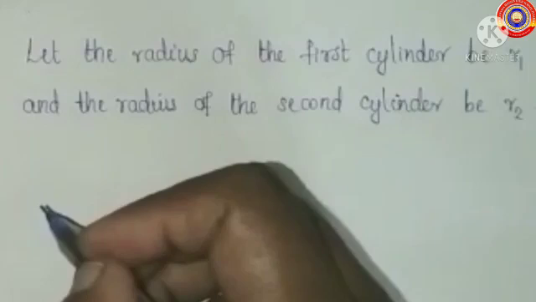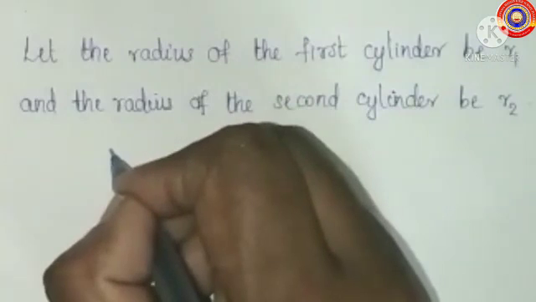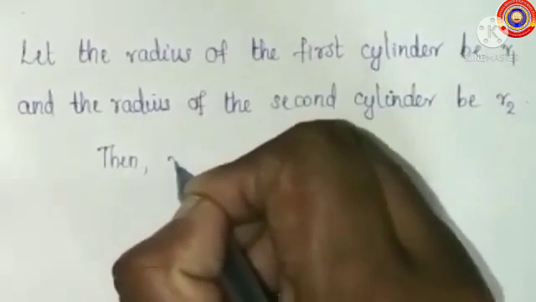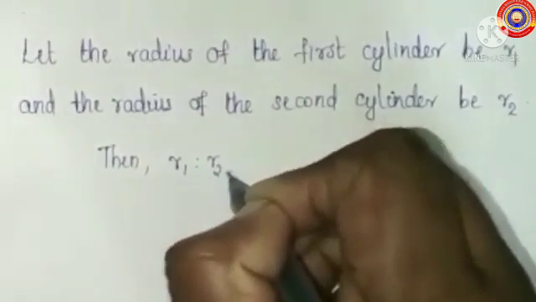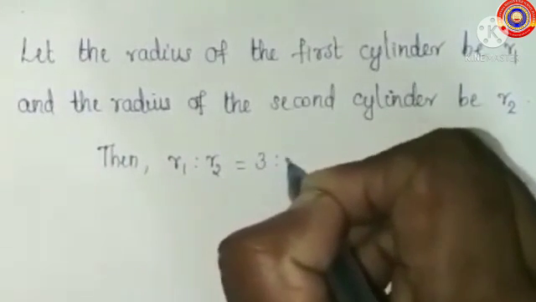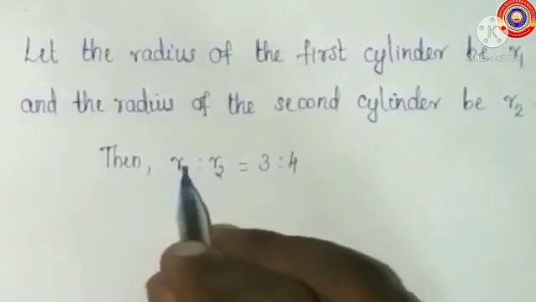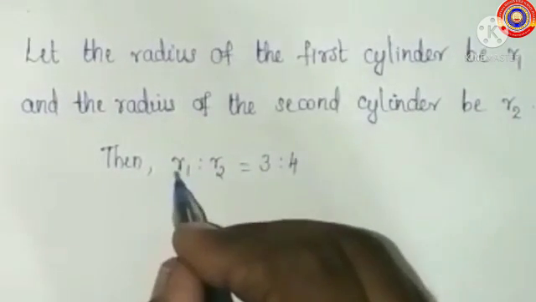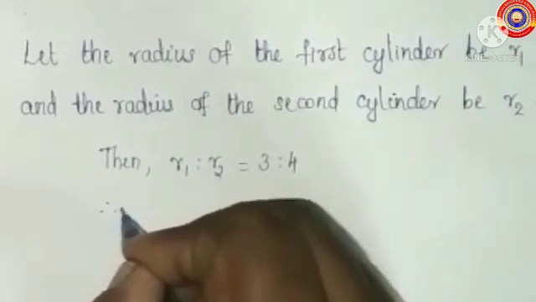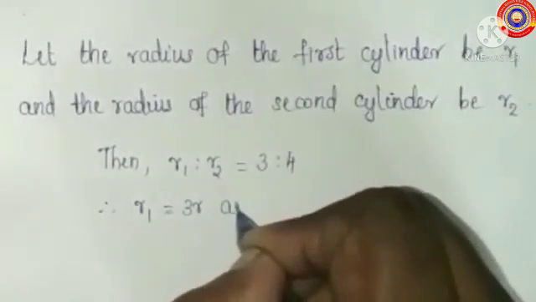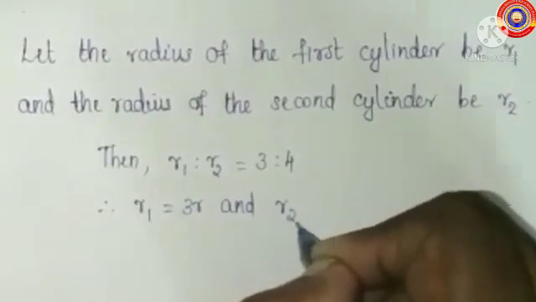Let's start. As in the previous question, let the radius of the first cylinder be R1 and the radius of the second cylinder be R2. Then, given that R1 is to R2 is equal to 3:4. Okay. Now let's write this ratio by using a common letter R. So R1 is equal to 3R and R2 is equal to 4R.